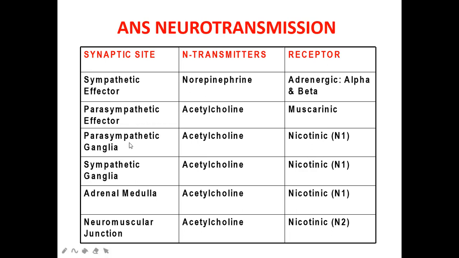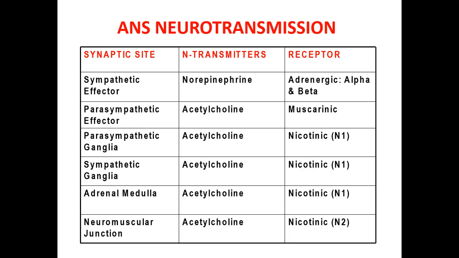In the parasympathetic ganglion, with a synaptic site, acetylcholine is the neurotransmitter, and nicotinic N1 receptors are present. In the sympathetic ganglion, acetylcholine is the neurotransmitter, and nicotinic N1 receptors are present.